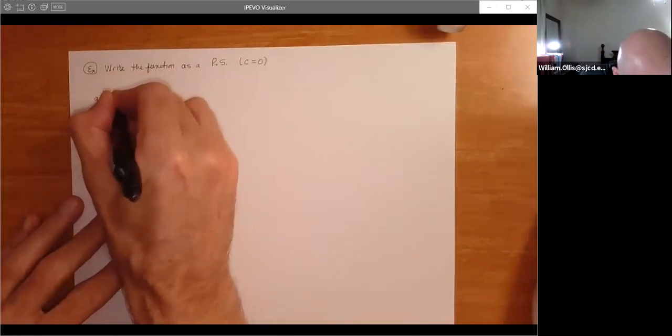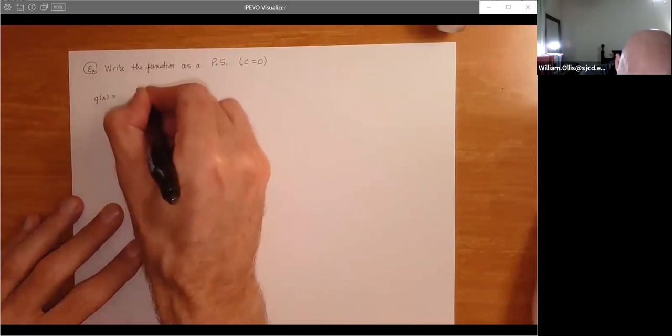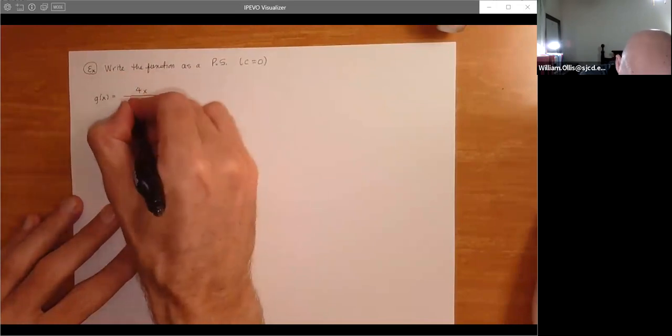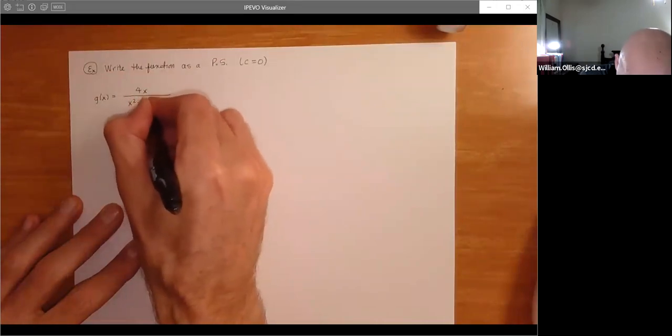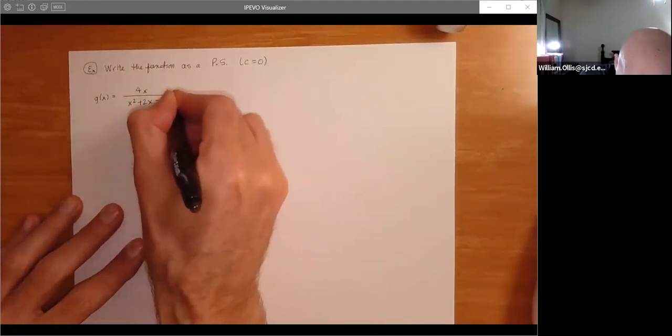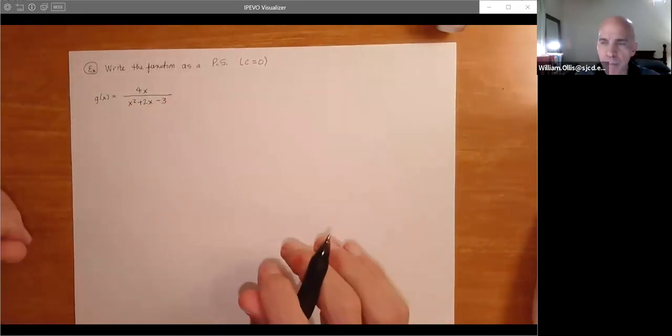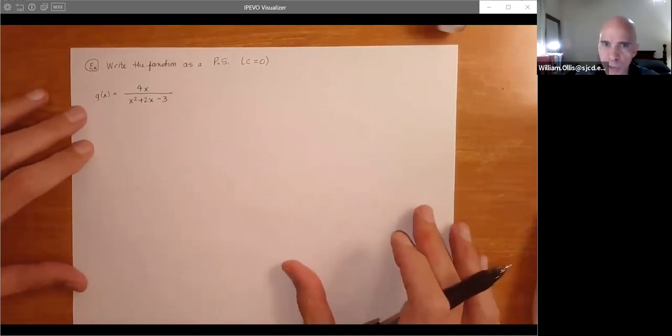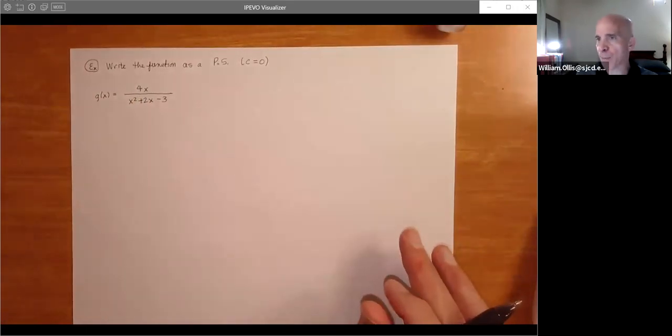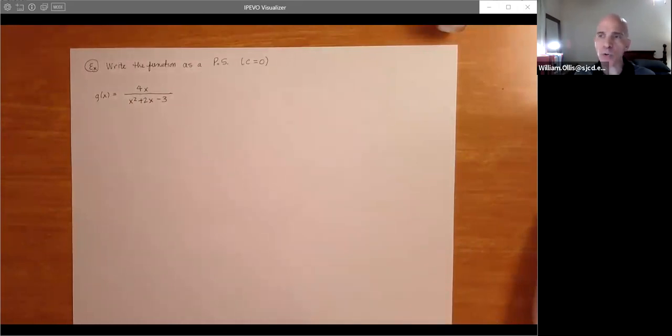G of x equals 4x divided by x squared plus 2x minus 3. Say we're given a function like this and we're thinking, okay, well, maybe we could rig this with the geometric series, but first we're going to have to break it down. So we're thinking what we're going to do is partial fraction decomposition to give us two functions that we can adjust to the geometric sum and then work backwards to write the power series.